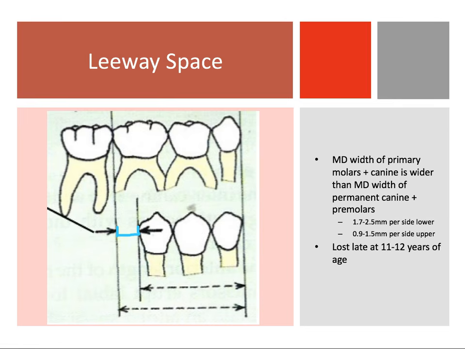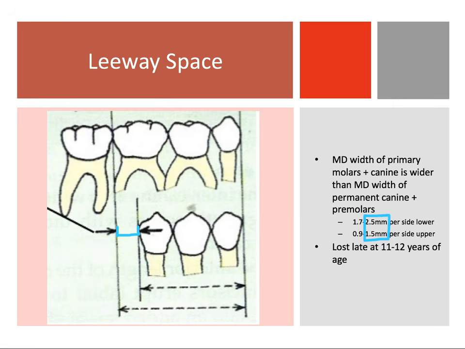The exact number varies greatly depending on the source you look at. We have in the literature anywhere from 1.7 to 2.5 millimeters per side in the lower arch, and a little bit less at 0.9 to 1.5 millimeters per side in the upper arch. I tend to just remember the 1.5 and 2.5.